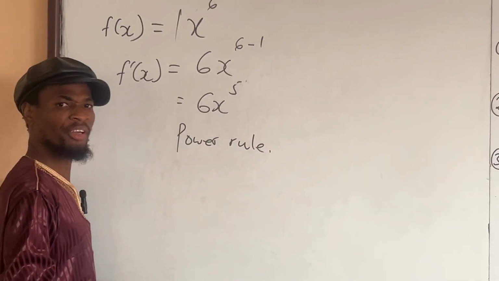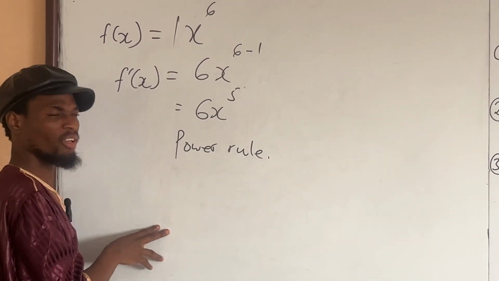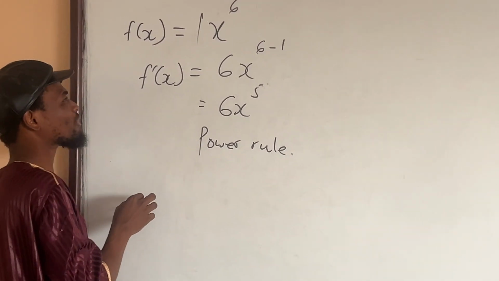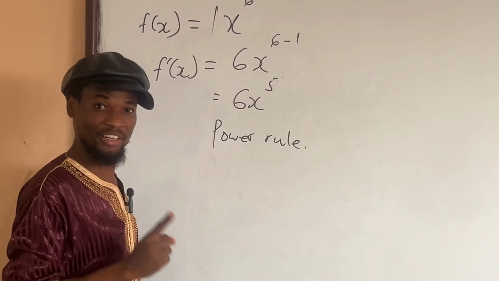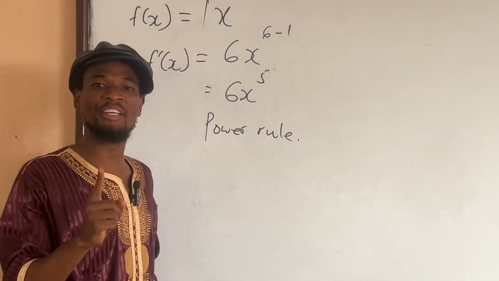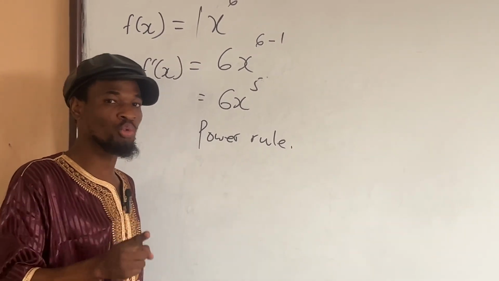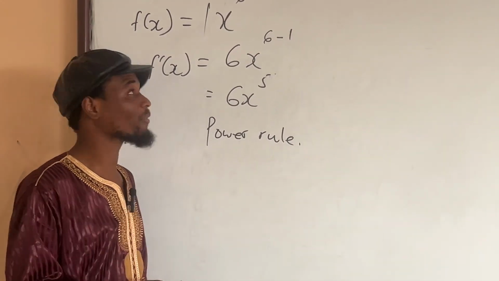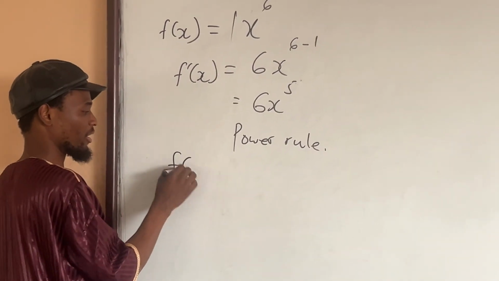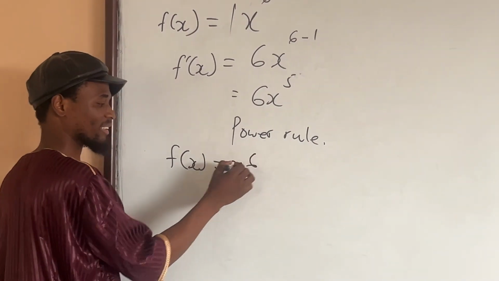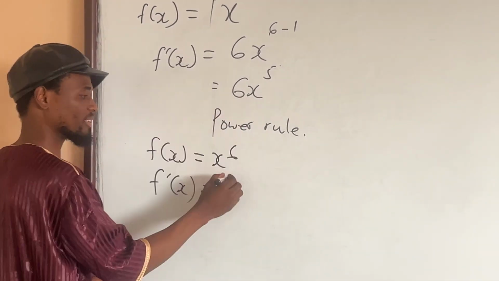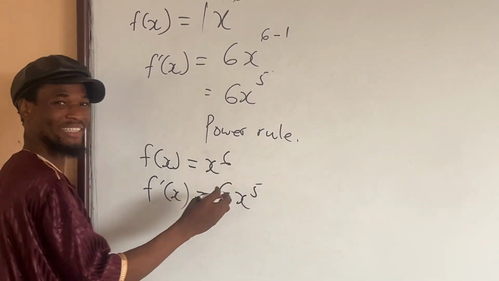Now in this session, we are going to consider functions which are similar to this, but they are very, very different. And in this case, the product rule wouldn't be applicable over here. So what happens if f of x is equal to x to the power 6, and the derivative of this function gives 6x to the power 5.